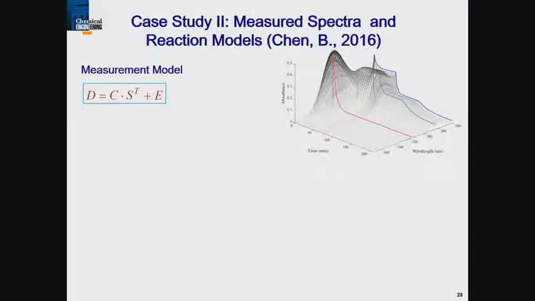Now let me go to the next case study. The next case study is kind of interesting because this was a problem from a very large drug company. And what you're going to see here is spectra. Rather than measuring concentrations, they have spectrometers: infrared, ultraviolet, visible, and variations of that.